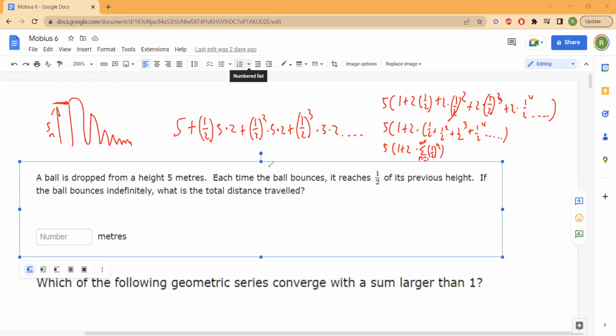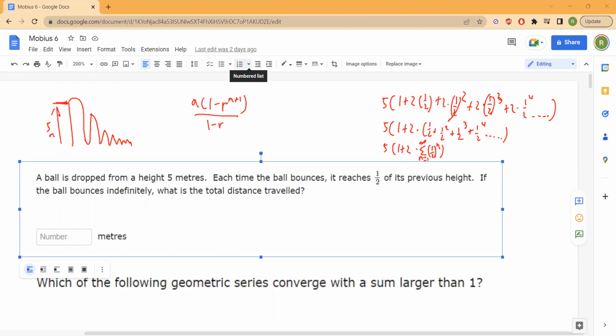If you remember in class, we developed the formula for what happens when you go to infinity of a geometric sequence. The sum of a geometric sequence is a times 1 minus r to the power of n plus 1, over 1 minus r.